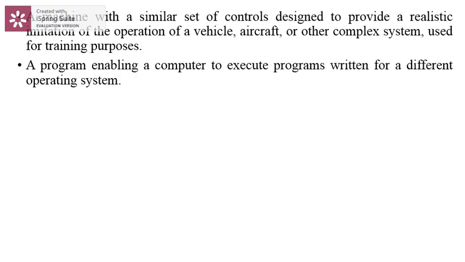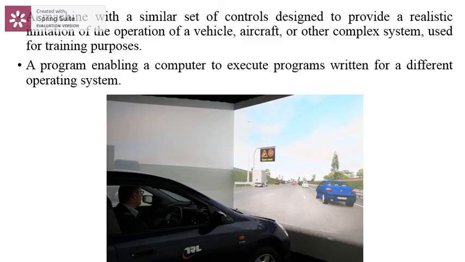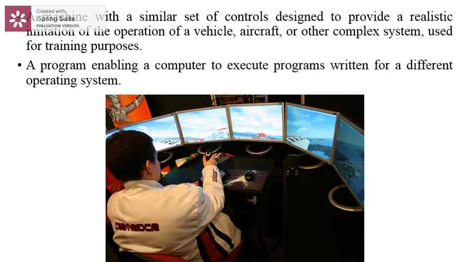Now we are going to see about the simulator. A simulator is a machine with a similar set of controls designed to provide a realistic imitation of the operation of a vehicle, aircraft, or other complex system, used for training purposes. It is also a program enabling a computer to execute programs written for a different operating system.